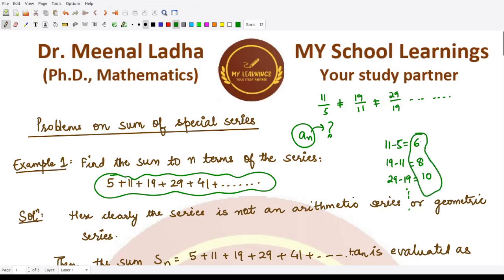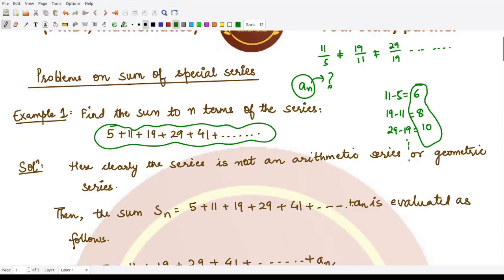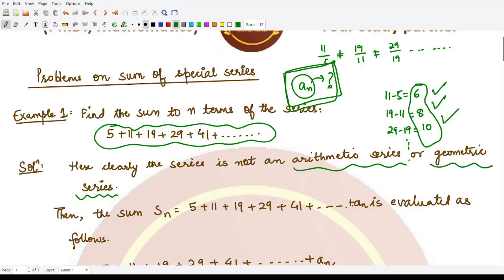Because the series is not an arithmetic series or a geometric series, we can calculate an, and we also observe that these differences form an AP. So let's see how easily we reach this while evaluating an.